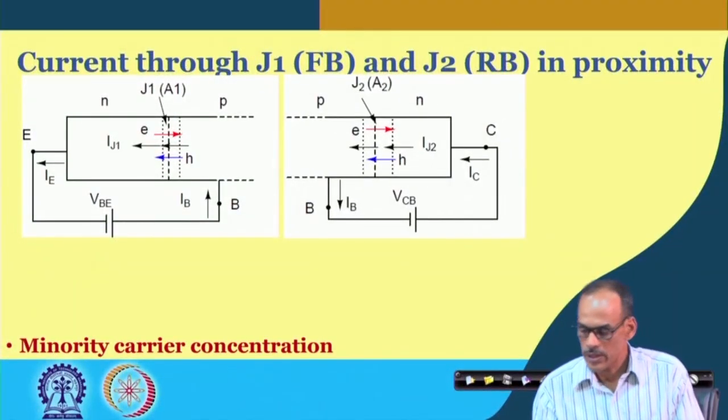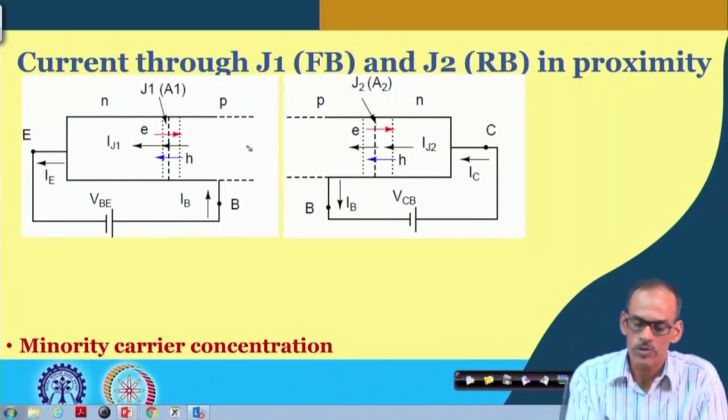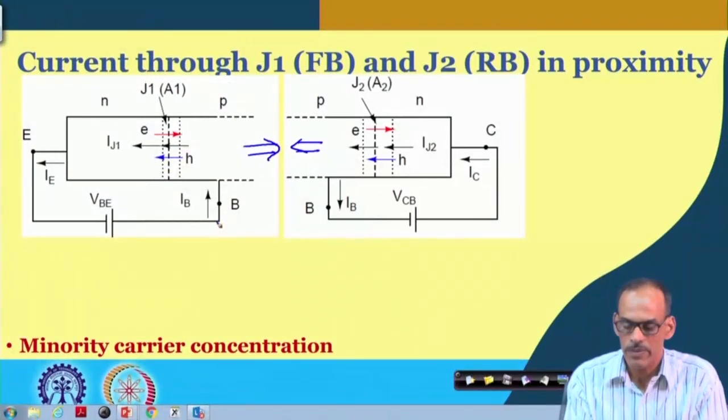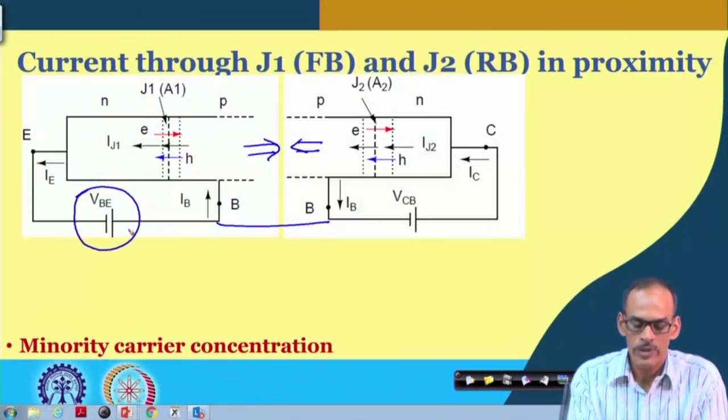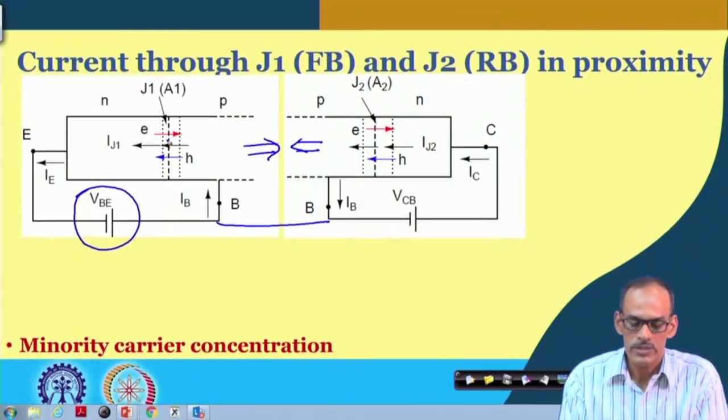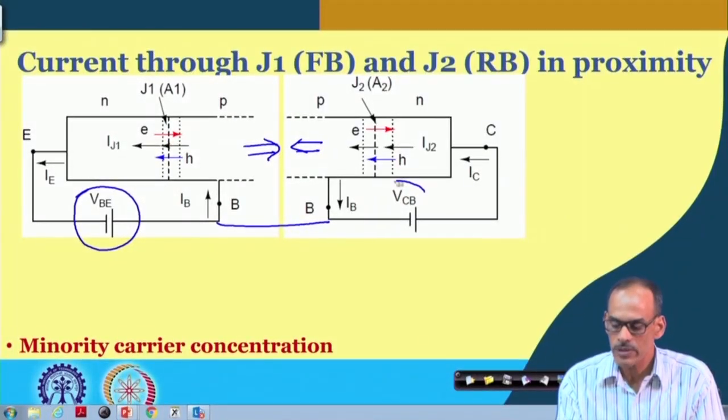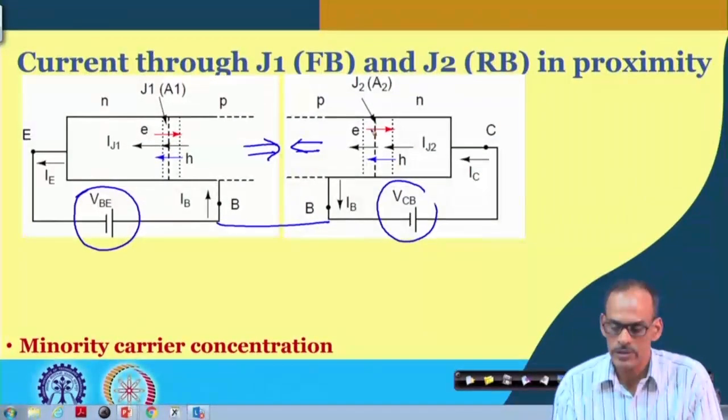In case these two junctions are approaching each other, then the base terminal will be the common terminal, and we have this voltage to make J1 forward biased, and V_CB to make the second junction reverse biased.